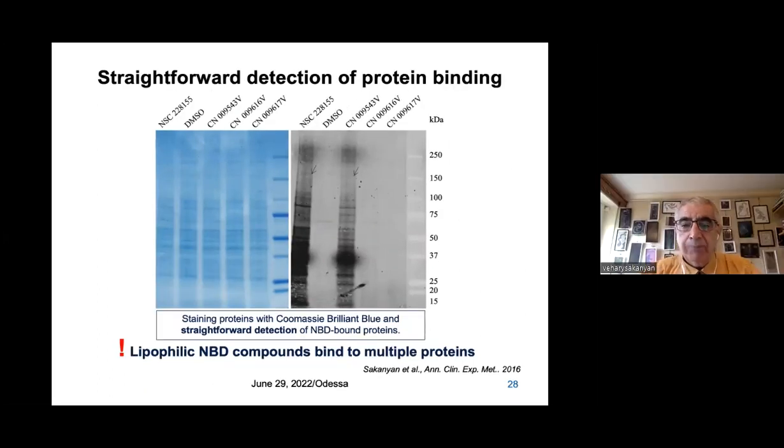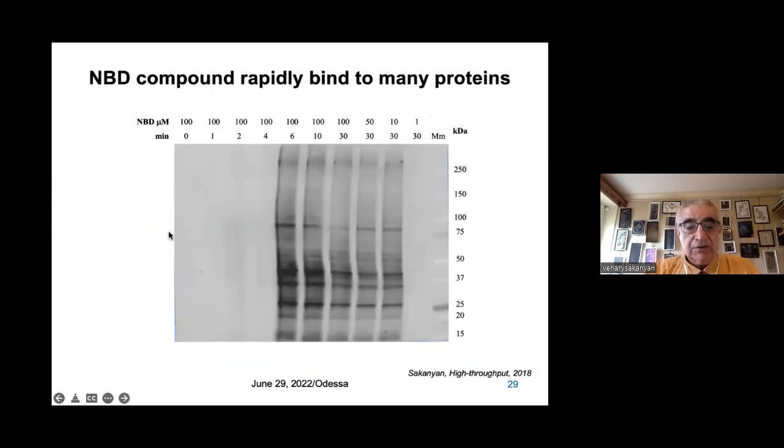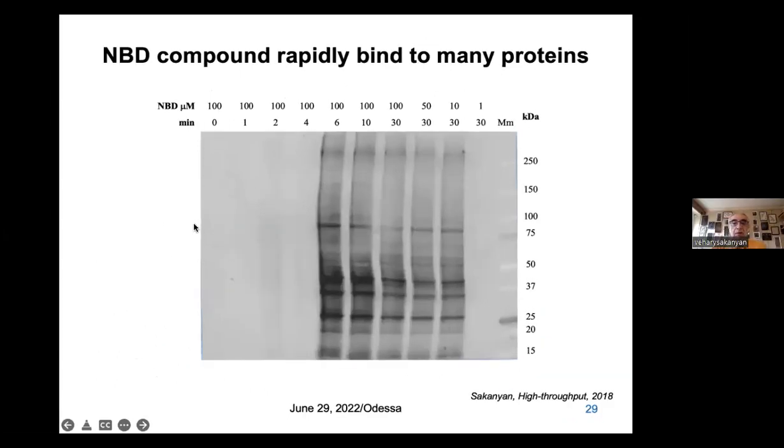So it is very important, because it was the origin of the explanation of the mechanism which is involved. Here are other experiments to show when it starts, and we can see that first of all, it requires more than 1 millimolar of the compound.